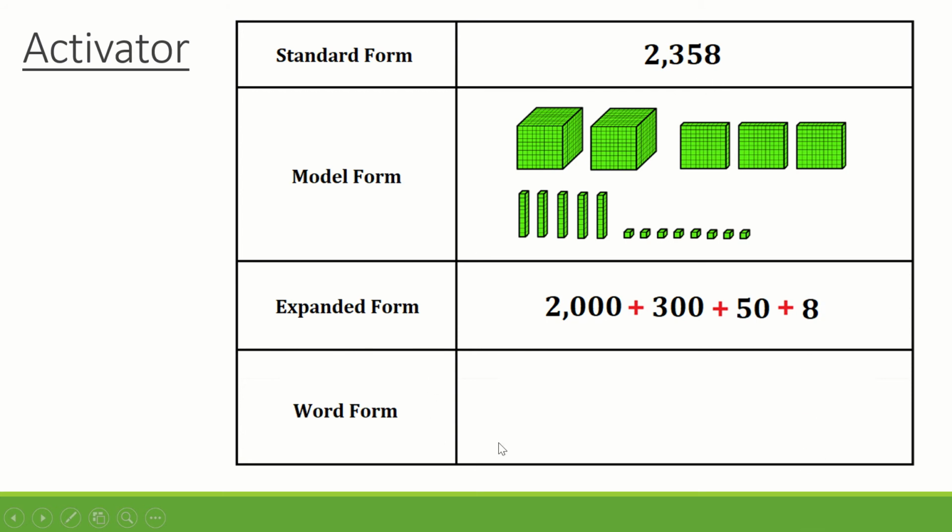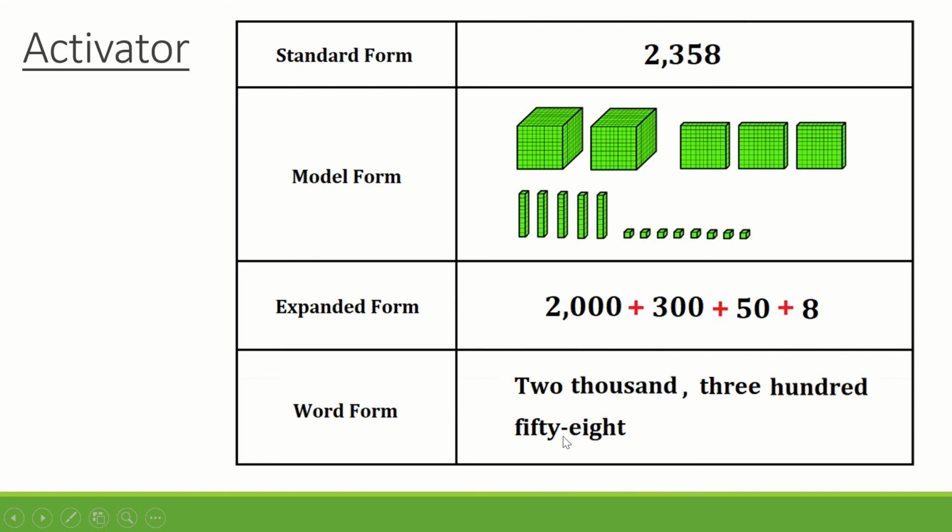And so I can move on to the word form, and I would write it the way that I speak it, but I need to make sure that I'm speaking that number correctly. That number is spoken as 2,000, and I put a comma next, 358.